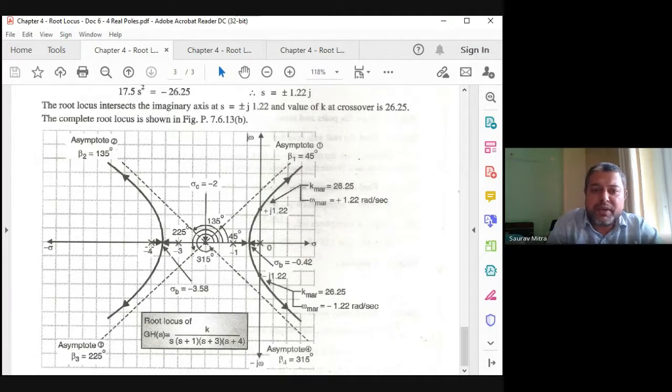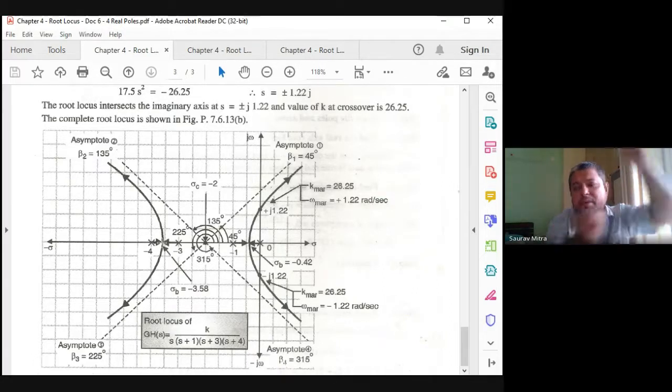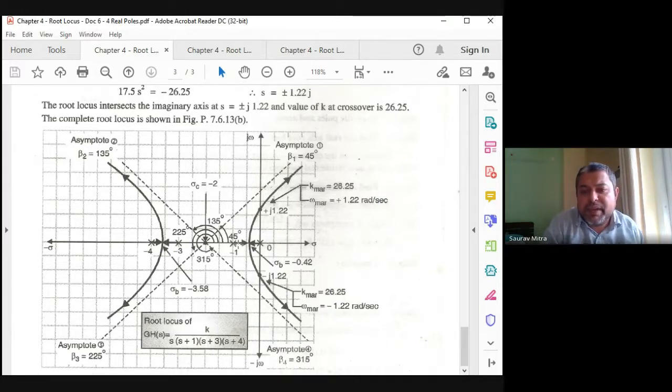As you increase the gain, this pole will come here, this pole will come here, and they will collide. After collision, they will not remain on the real axis. They will go in the imaginary axis direction, shifting upward. So it is a property found from the calculation.